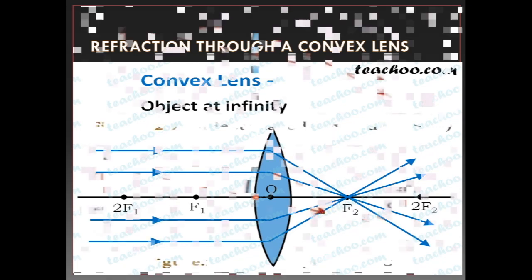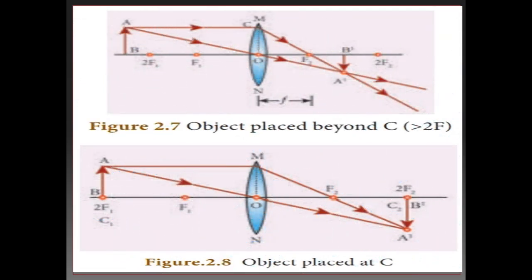Okay, now when the object is placed beyond C, that is greater than 2F. See the principal axis: there are points F1, 2F1, F2, 2F2. The object is placed beyond C. When an object is placed behind the center of curvature, a real and inverted image is formed between the center of curvature and the principal focus.